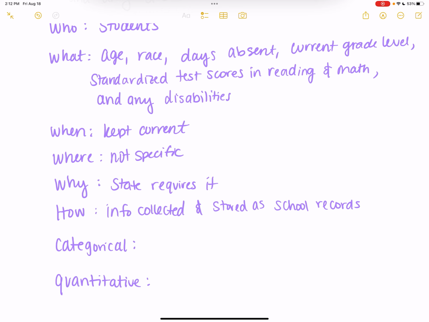Quantitative. Race, categorical. Days absent, quantitative.